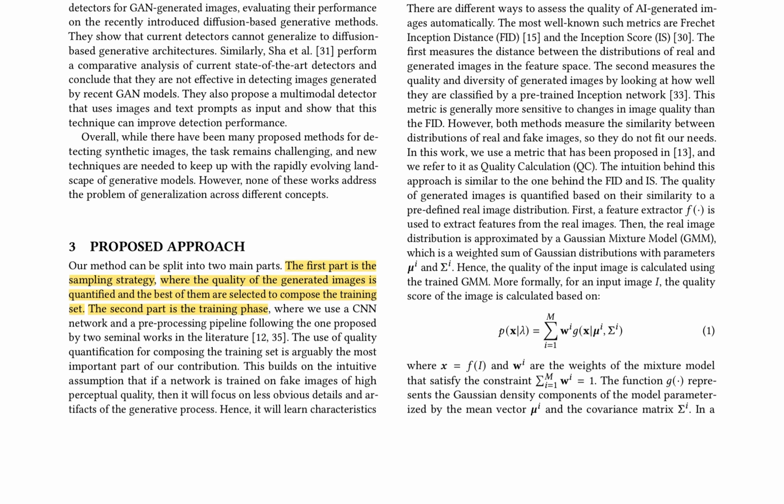This builds on the intuitive assumption that if a network is trained on fake images of high perceptual quality, then it will focus on less obvious details and artifacts of the generative process.